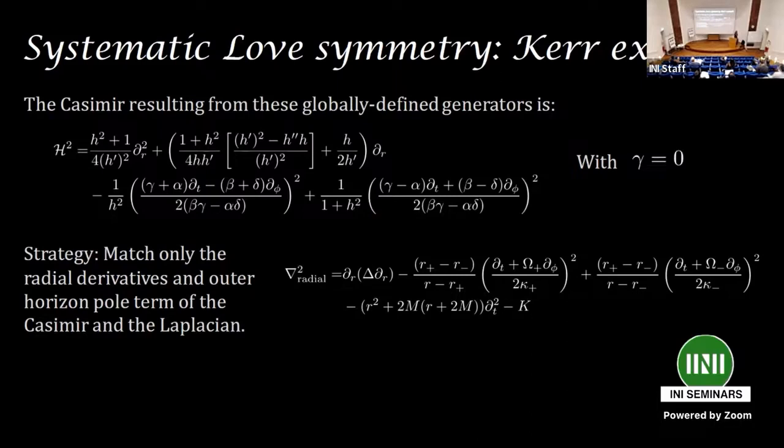It's actually pretty simple, given how complicated those generators were. Our strategy is going to be to match only the radial derivatives and outer horizon pole terms to the Casimir and the Laplacian. You can tell we're using some inspiration from the black ring. We're not trying to find some limit where this works.